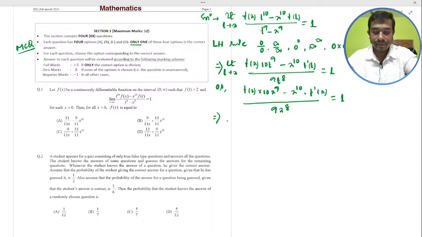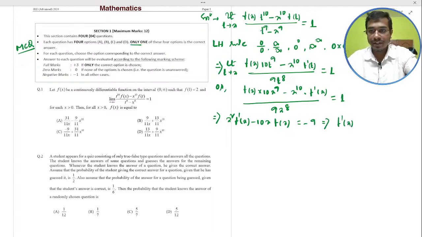That implies x^2 f'(x) minus 10x f(x) is equal to minus 9. That implies f'(x) minus (10/x) f(x) is equal to minus 9 by x^2. Okay.